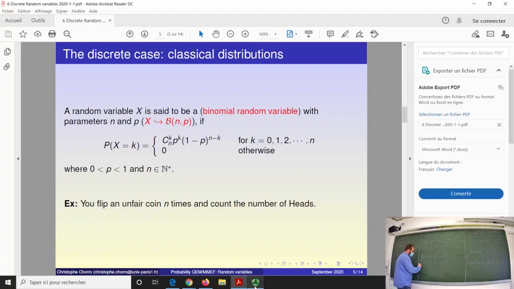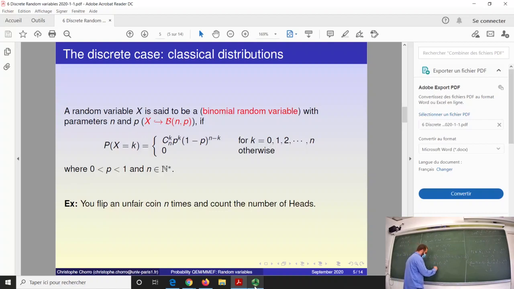So if you have understood, for X equal to 2, I have 2 heads, okay? So 2 heads means in fact 1 tail, and it's exactly the same as before, changing P into 1 minus P. But let's write it from the beginning.